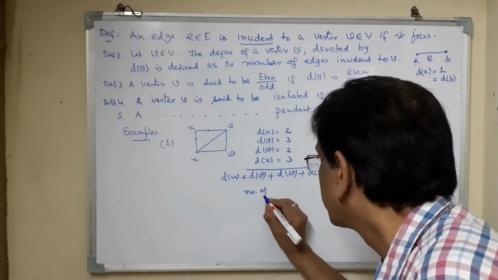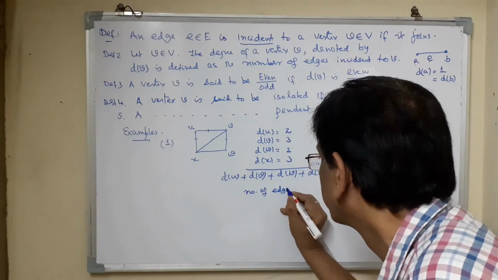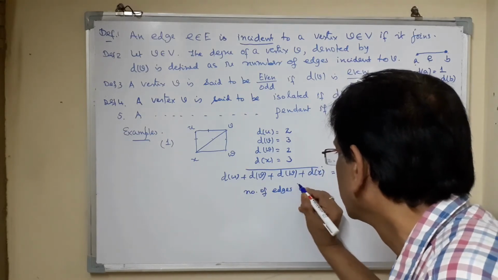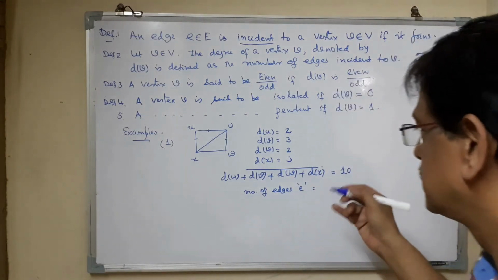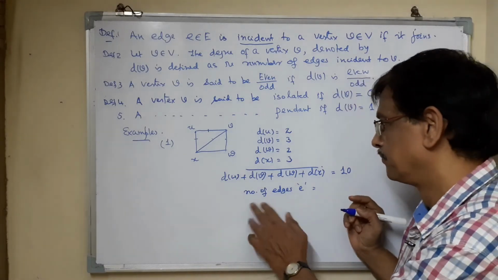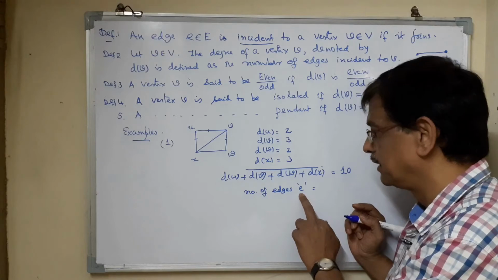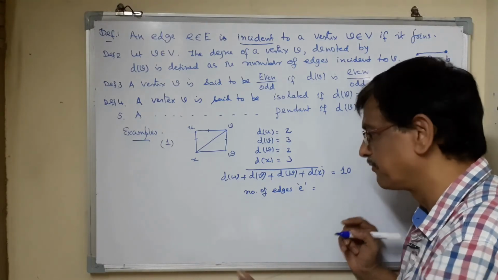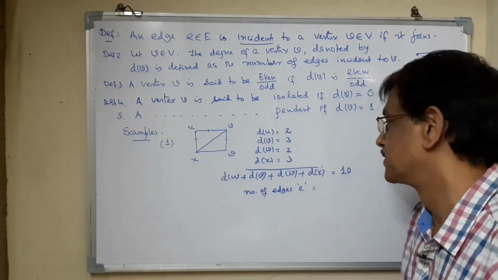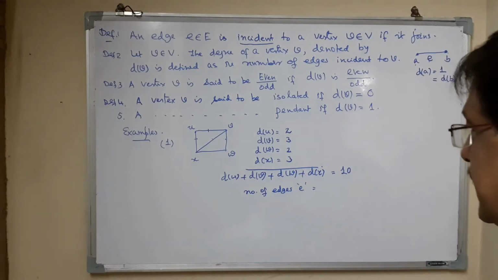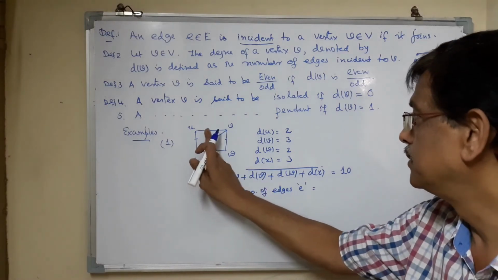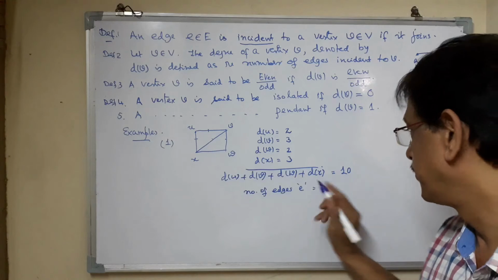Observe the number of edges. I can call this E, small e or capital E, for contextual meaning. Even single E is an edge. So the number of edges is 1, 2, 3, 4, 5.